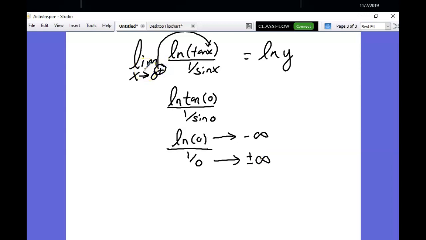But it really doesn't matter in this case. Now, if this were just a regular polynomial, we would probably say positive infinity, but this is sine, and sine might behave a little bit differently. So all we know is it's either going to be positive infinity or negative infinity at this point. But here's the good news. Regardless, we have an infinity over an infinity, and that's L'Hopital time. So we haven't solved the problem, but we've gotten to the point where we can use L'Hopital.